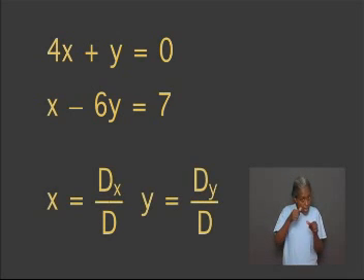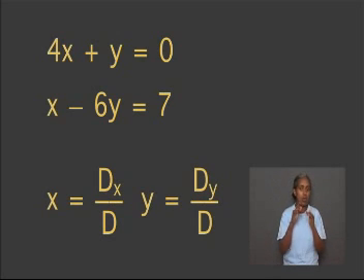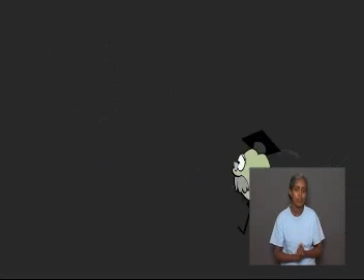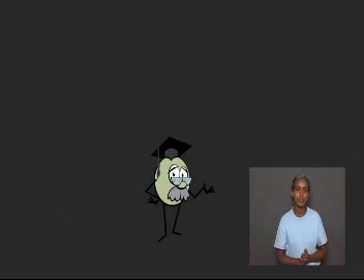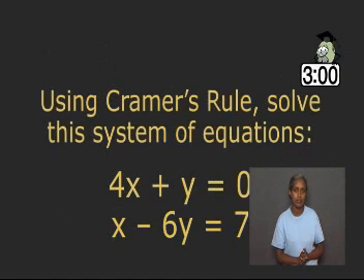Remember that Cramer's rule states that x equals dx over d and y equals dy over d. Begin the activity now. Students, let's get ready. Begin.